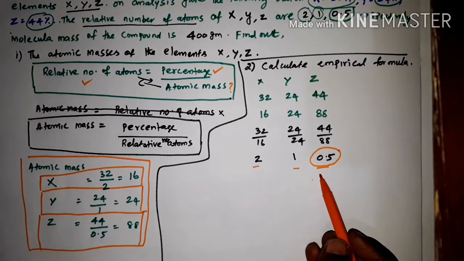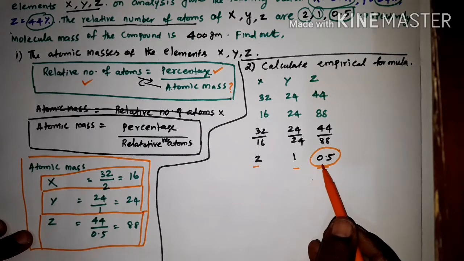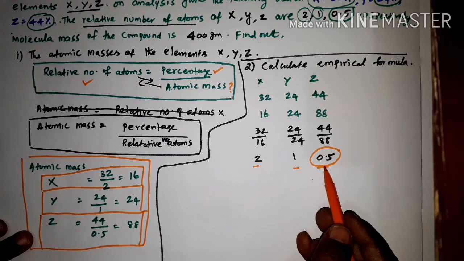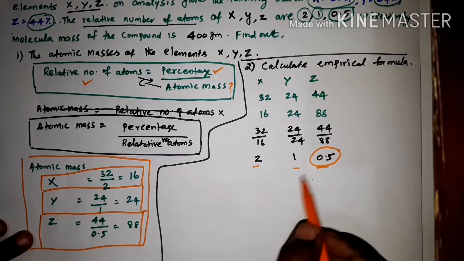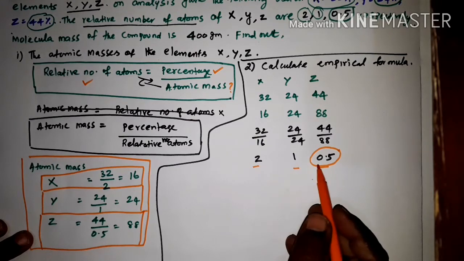So I already told you, it must be a whole number. So how can you make it a whole number? Which is the smallest number? 0.5. So take the 0.5 and divide each number by it.